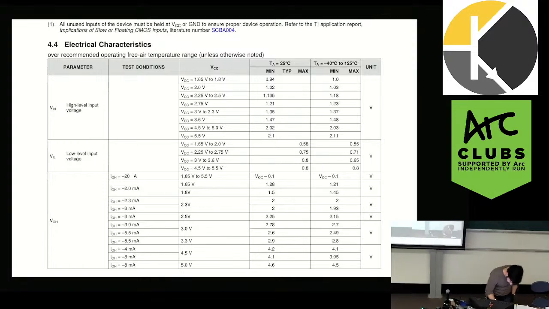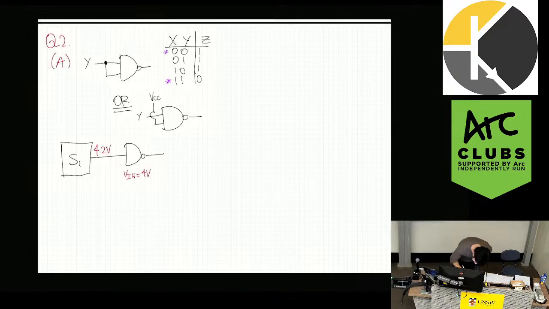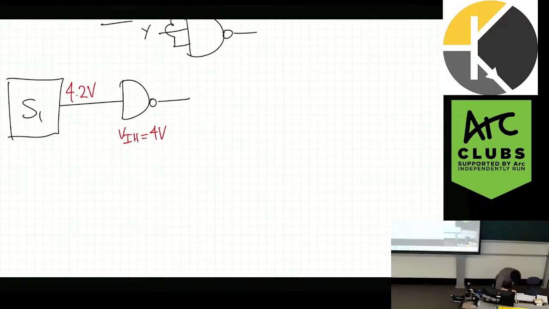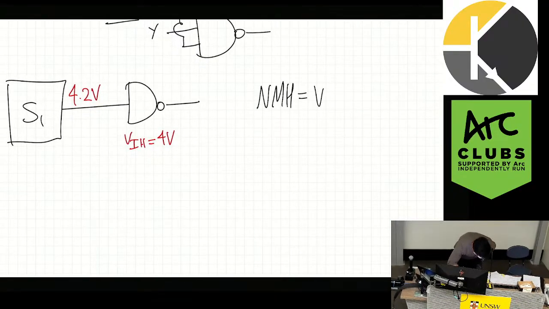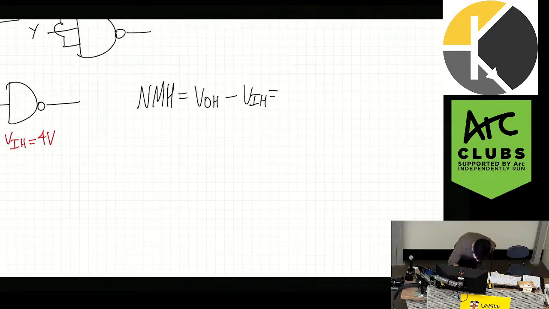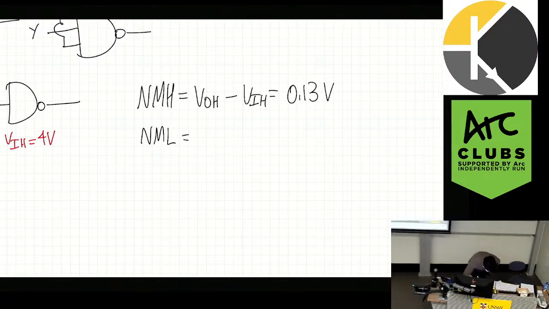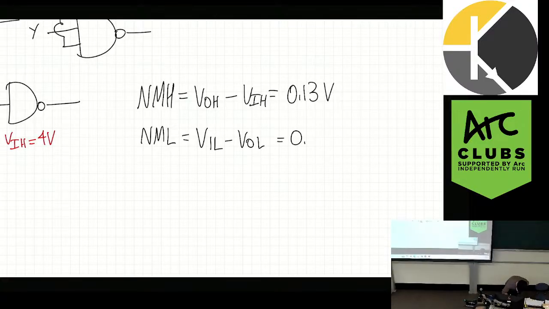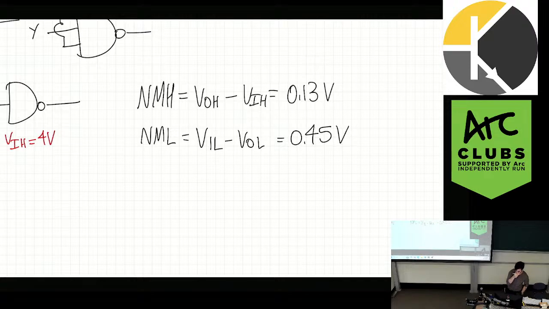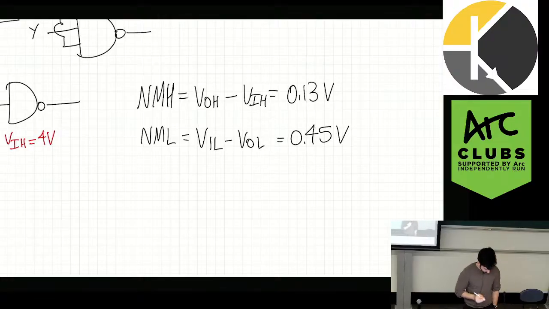In that case, you get that the noise margin high is equal to V output high minus V input high, which is 0.13 volts. And the noise margin low is V input low minus V output low, which is equal to 0.45 volts. That's the question. Any questions? All good? Okay, next question.